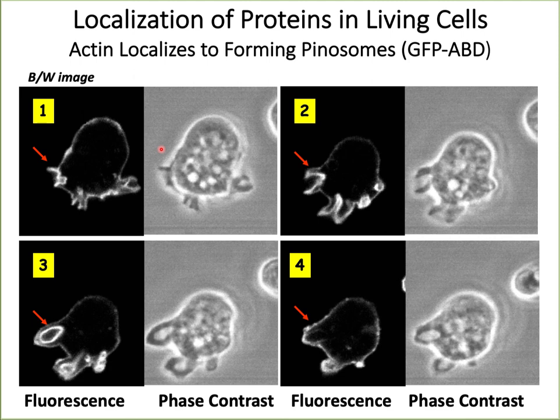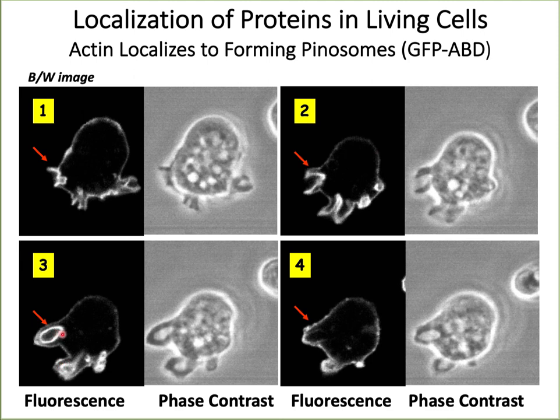This is a cell undergoing active endocytosis. In frame 1, at the red arrow, the cell is forming an endosome and brightly fluorescing, indicating the presence of actin. In frame 2, you can see the progression and formation of the vesicle, which continues to invaginate into the plasma membrane.